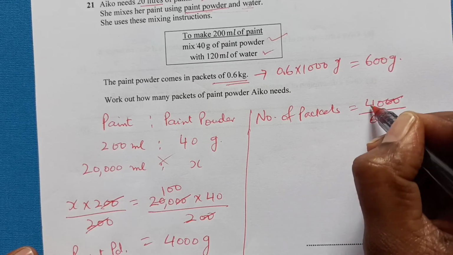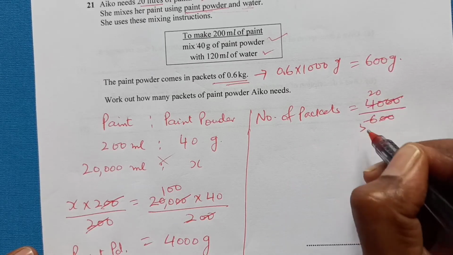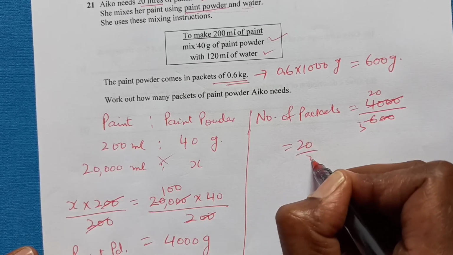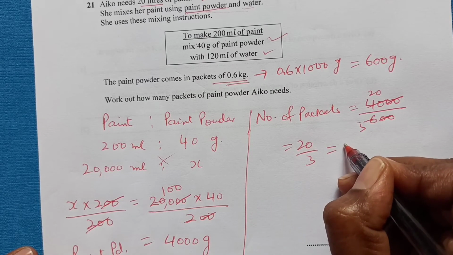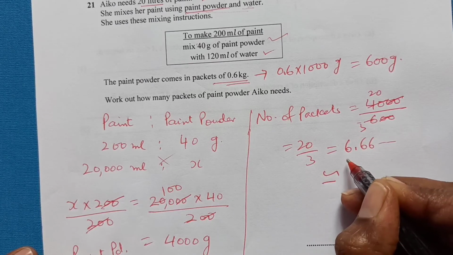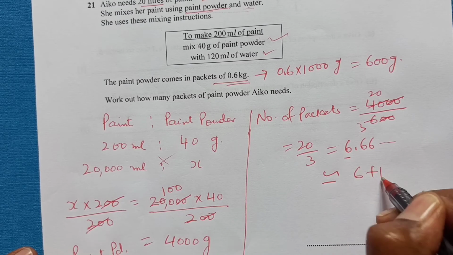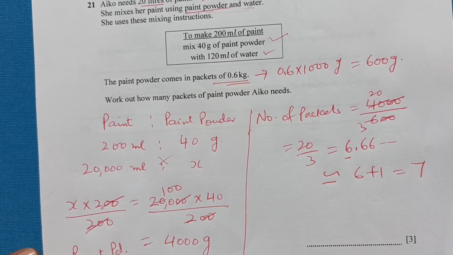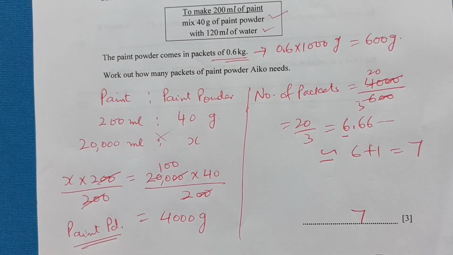So it is 20 over 3, which is 6.66. So he needs approximately 6 plus 1, so it is 7 packets. So the final answer will be 7.